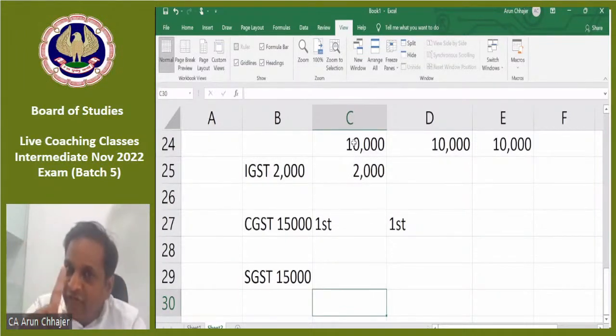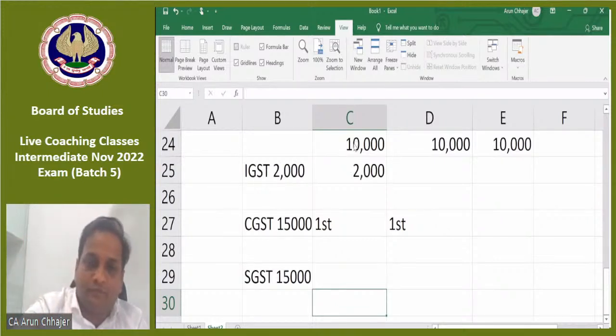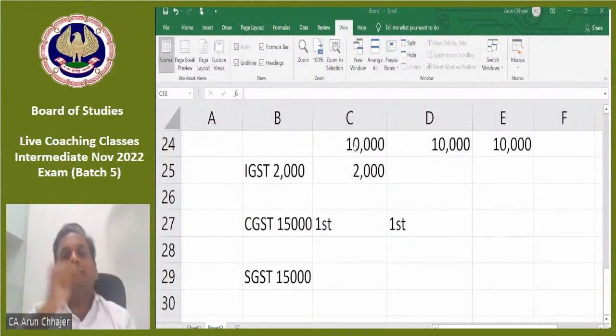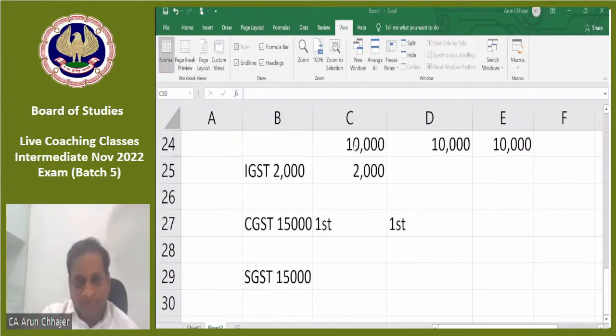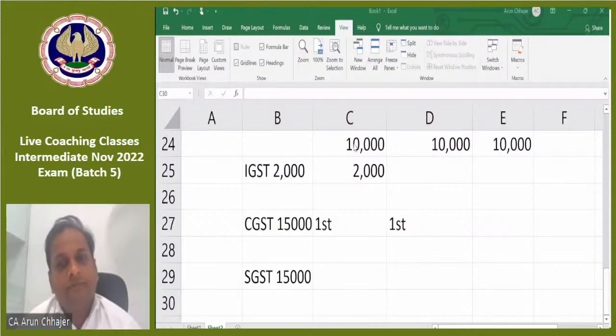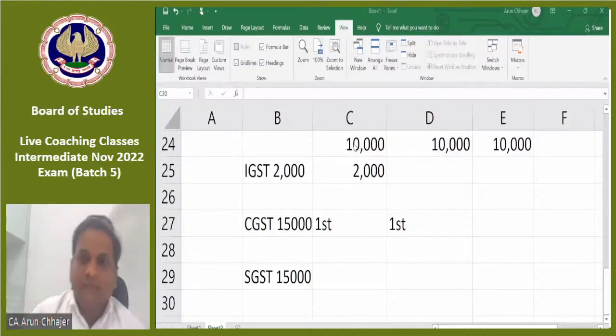Will it be IGST first or CGST first? The answer is IGST first.